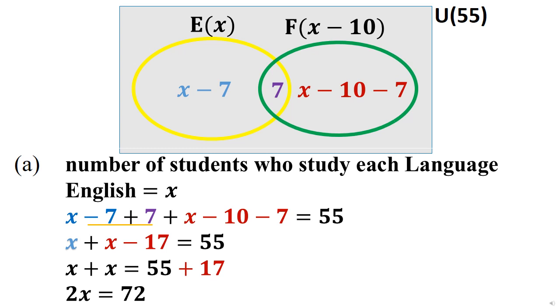So we have x plus x minus 17, and after this, we have equal to 55. So now we have x plus x minus 17 is equal to 55. Now regroup like terms and simplify further.